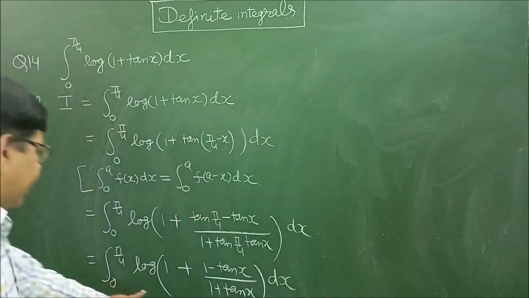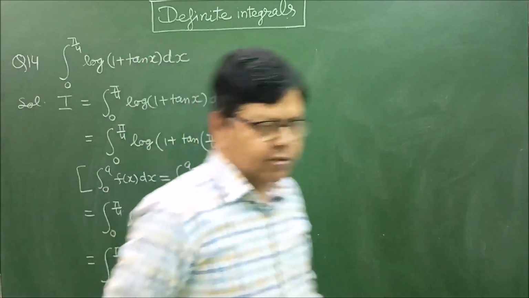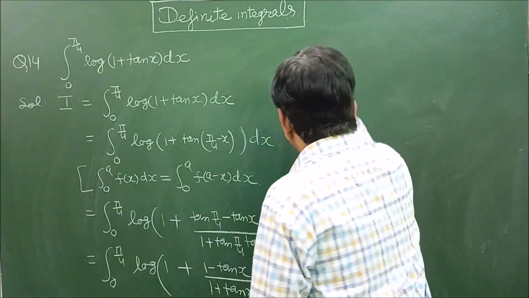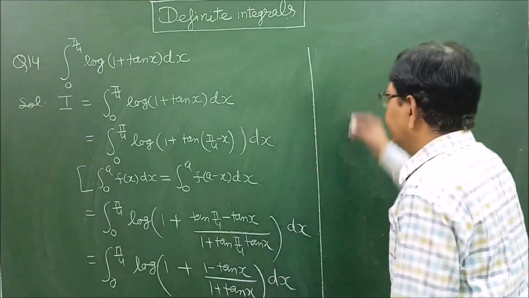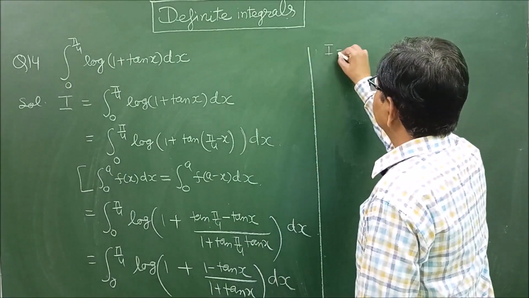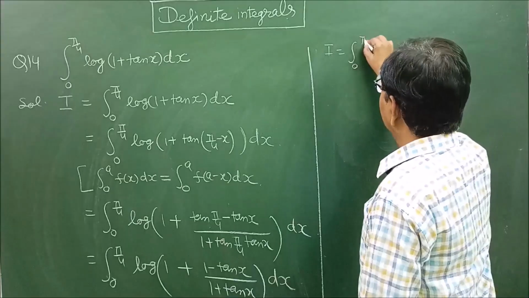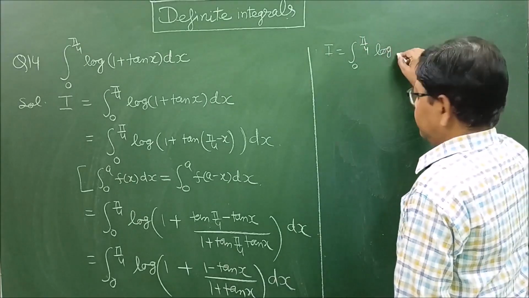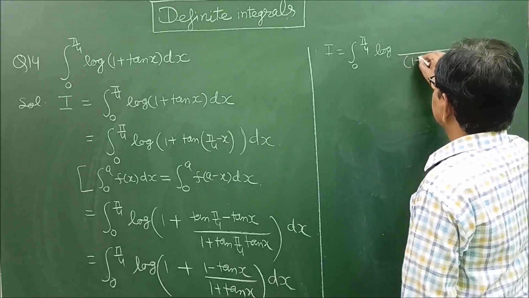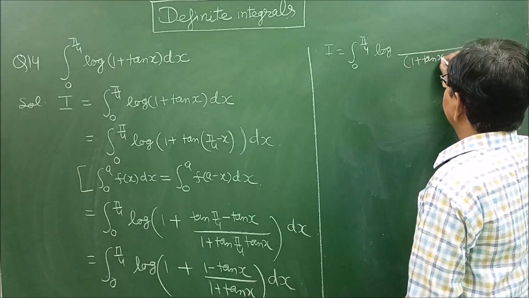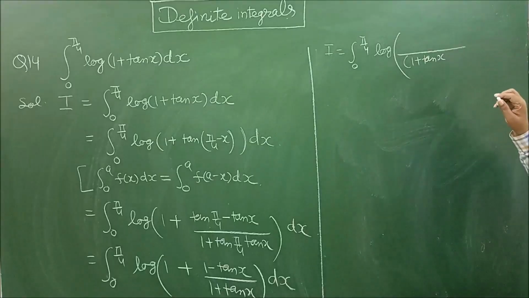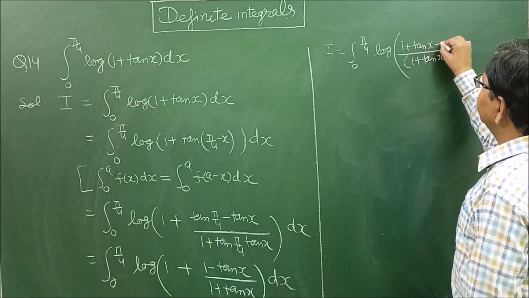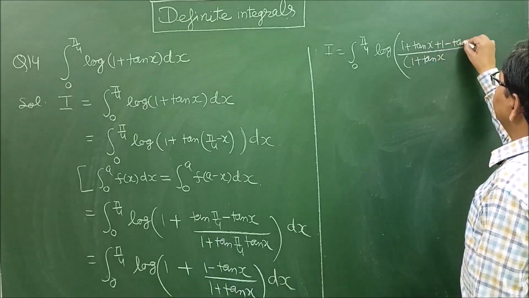Now taking the LCM in the denominator, I is equal to 0 to pi by 4 log, LCM is 1 plus tan x, and in the numerator 1 plus tan x plus 1 minus tan x dx.